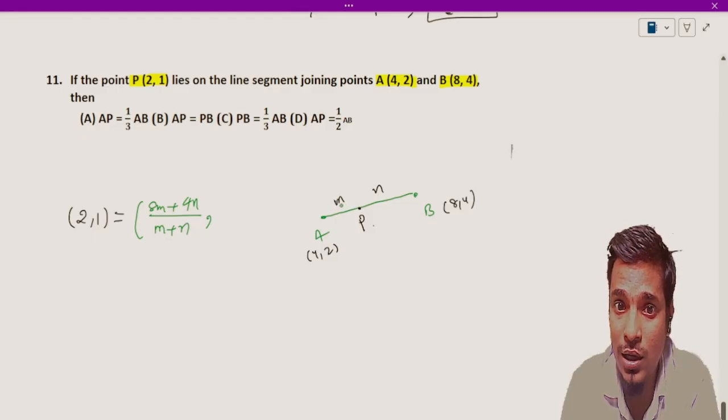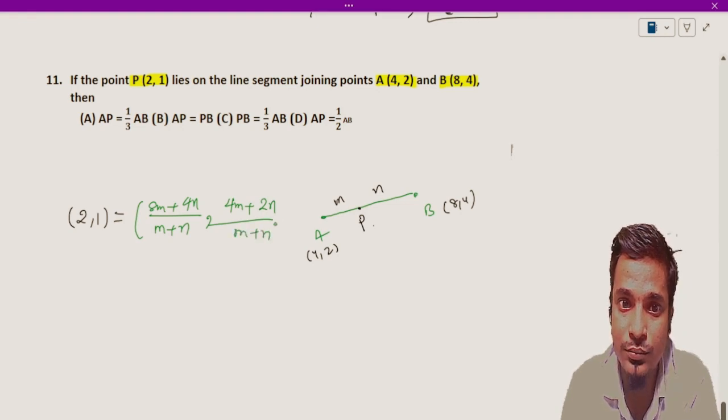Likewise, the y coordinate is given by m times 4, so 4m, plus n times 2, means 2n, divided by m plus n.